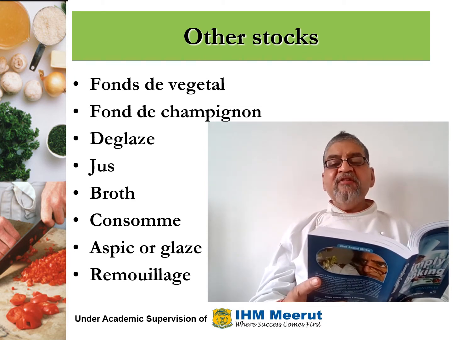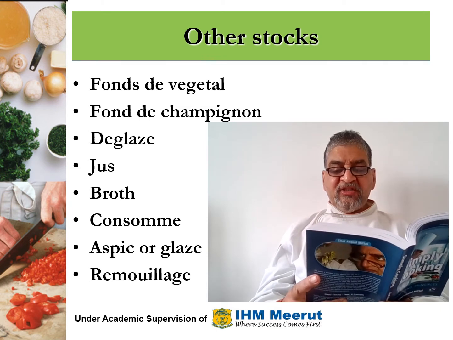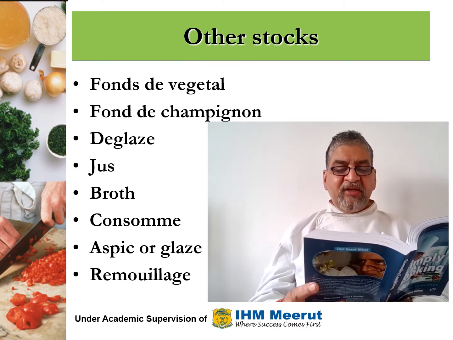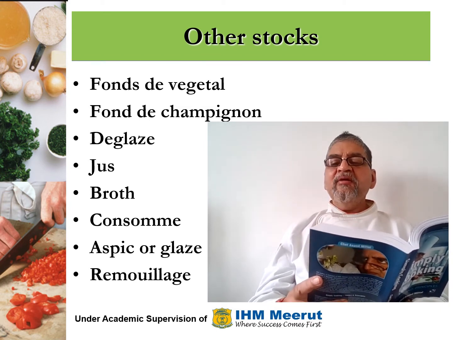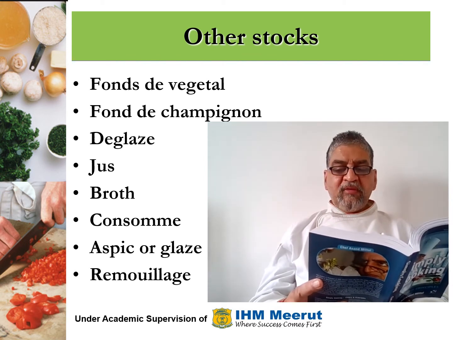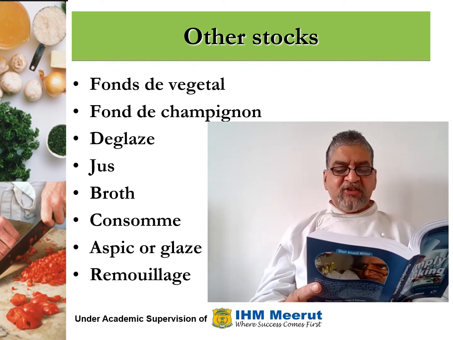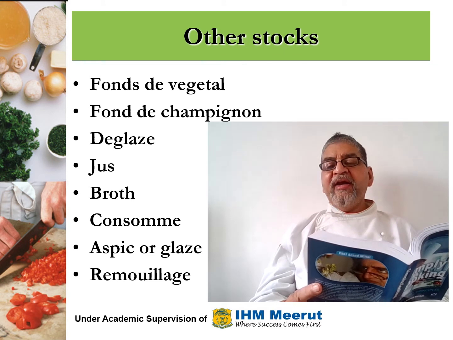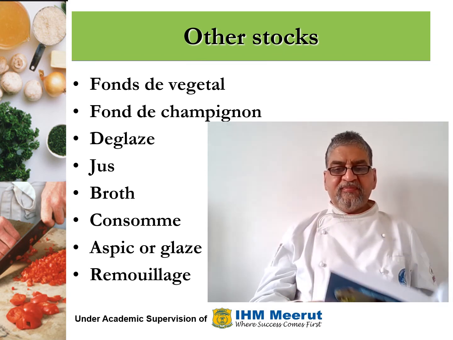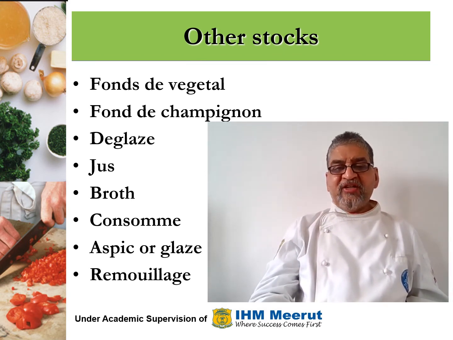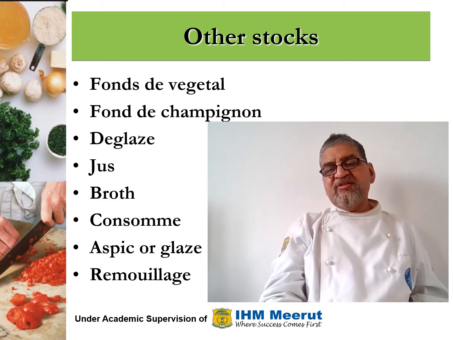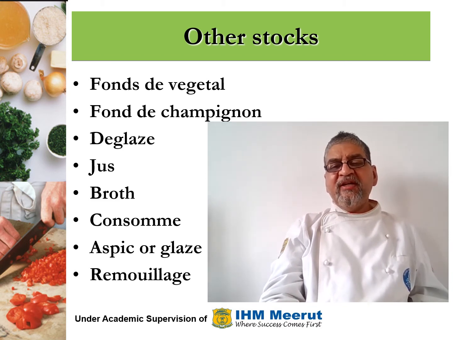This results in a weak stock. The remouillage is a weak stock, however, more flavorful than water. It can be used to cook products which require a mild flavor. So these are the different other stocks other than the four major types of stocks.